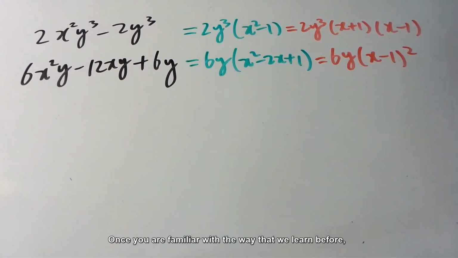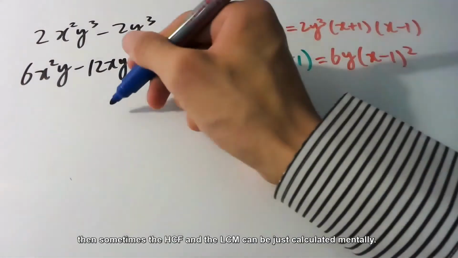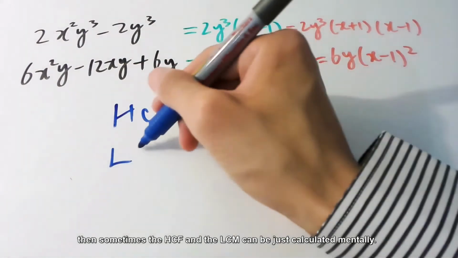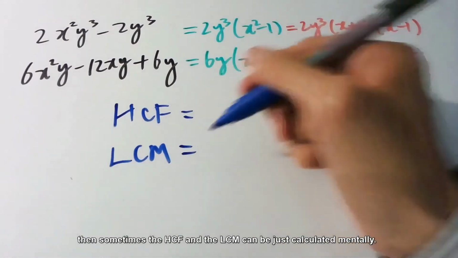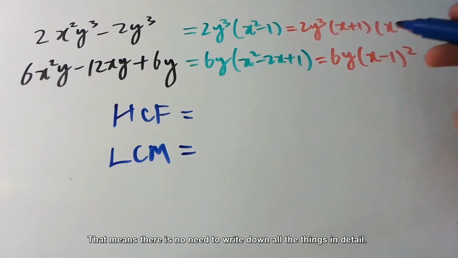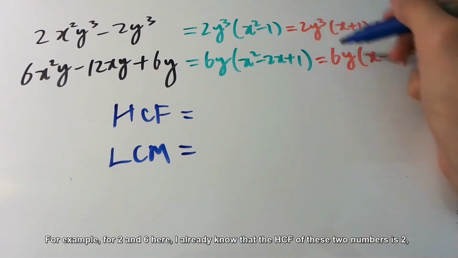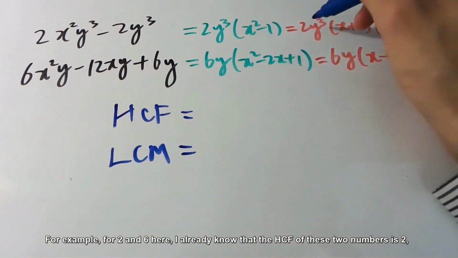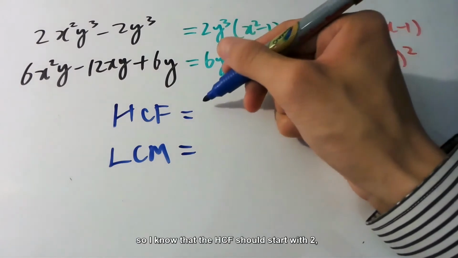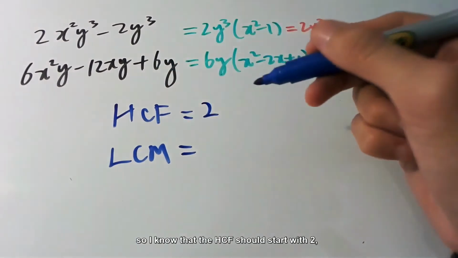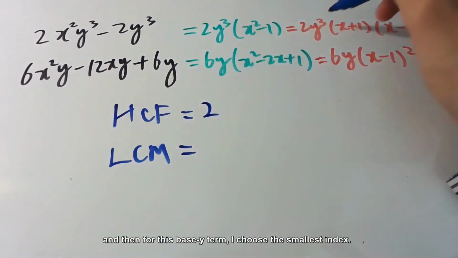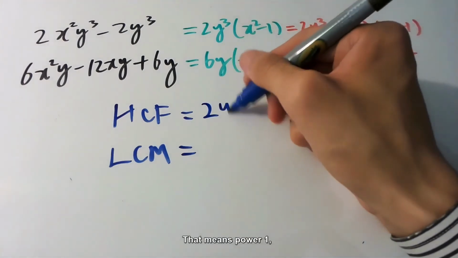Once you are familiar with the way that we learned before, then sometimes the HCF and the LCM can be just calculated mentally. That means there is no need to write down all the things in detail. So for example, for 2 and 6 here, I already know that the HCF of these two numbers is 2. So I know that the HCF should start with 2. And then for this base y term, I choose the smallest index, that means power 1.